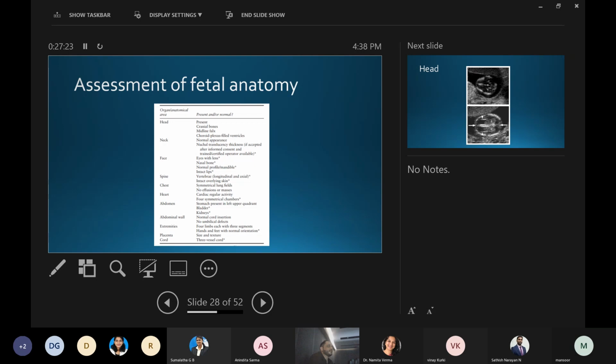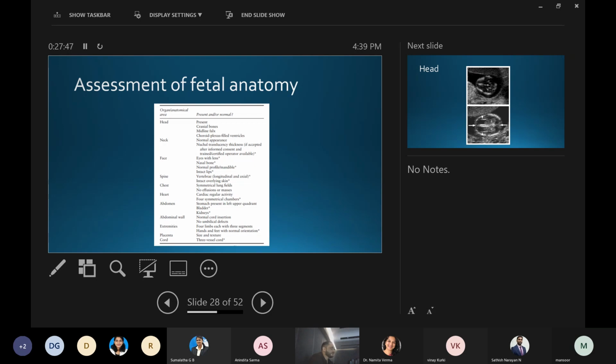The midline falx, whether present or not present. Of course, here the thing we have in our mind is lobar holoprosencephaly where the midline falx is absent. And then the choroid plexus filling the ventricles. Now, in the first trimester, the baby's ventricles look different from the way they look in the second trimester onwards.